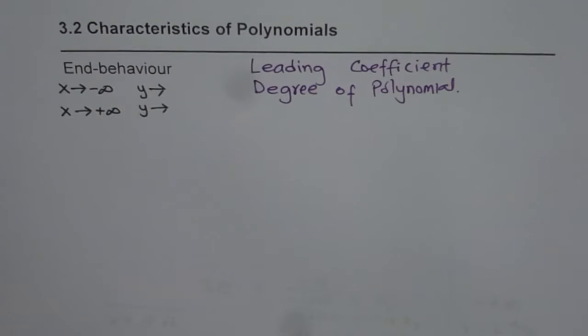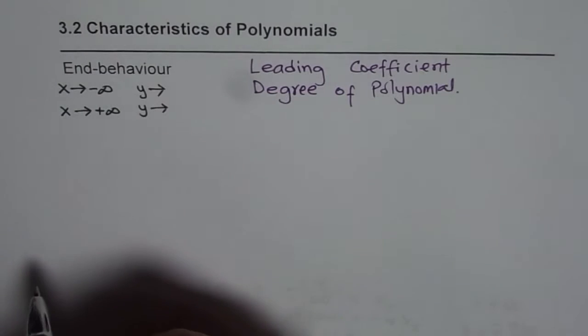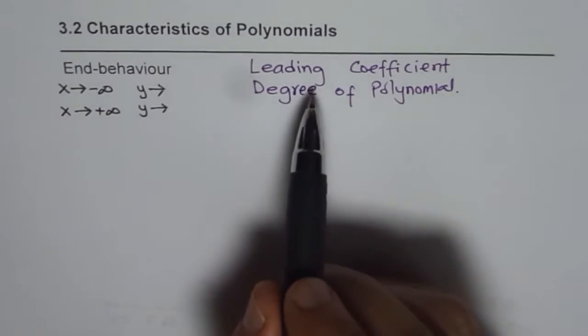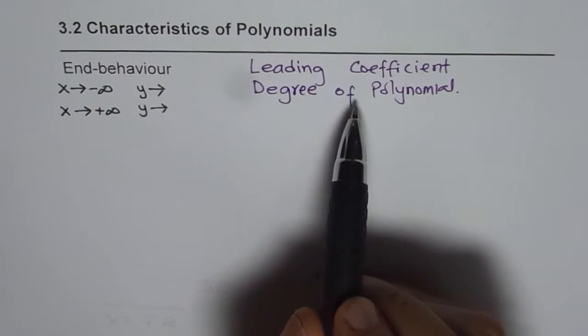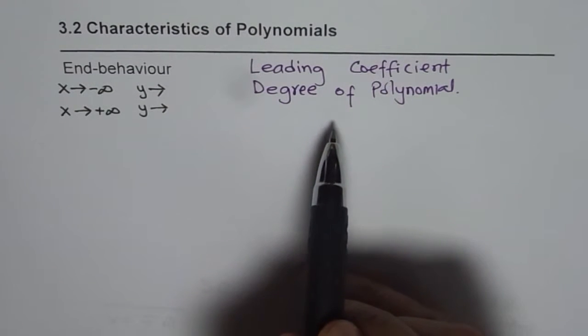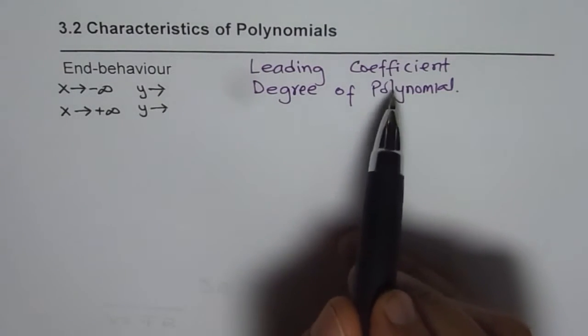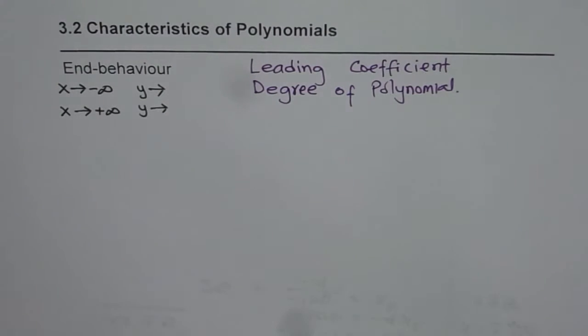For a polynomial, y will approach infinity whenever x is approaching positive or negative infinity, but it depends whether it is approaching positive infinity or negative infinity. So that is what we need to decide when we are looking into end behavior. And that is decided by the leading term, which gives you the leading coefficient and degree of polynomial, right? So that decides. How do we figure it out?